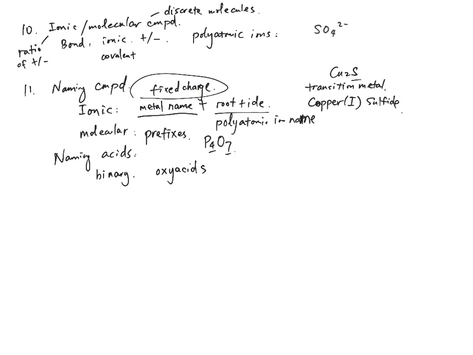Given a chemical formula of a compound or an acid, can you give the proper chemical name of them? Or given those chemical names, can you figure out the chemical formula of your compounds? Those are the two possibilities of how that particular topic is going to be tested.